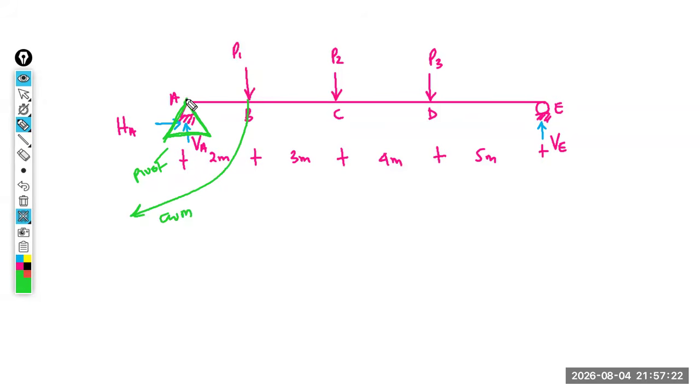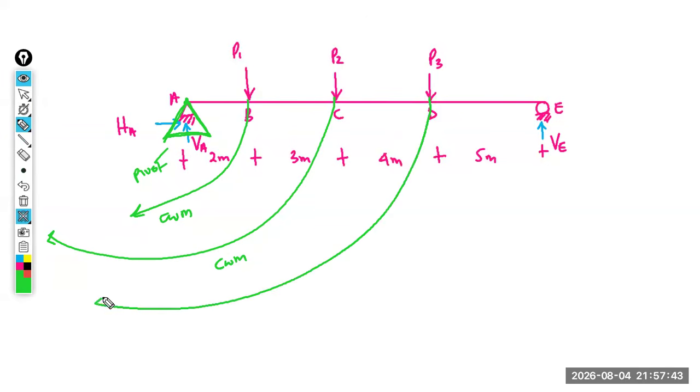Again, if I am at the pivot, open to P2, trying to move in the direction of the force, that will be clockwise moment. Is that right? So at the pivot again, I move my compass to P3, try to draw a circle, and that will be clockwise moment again.